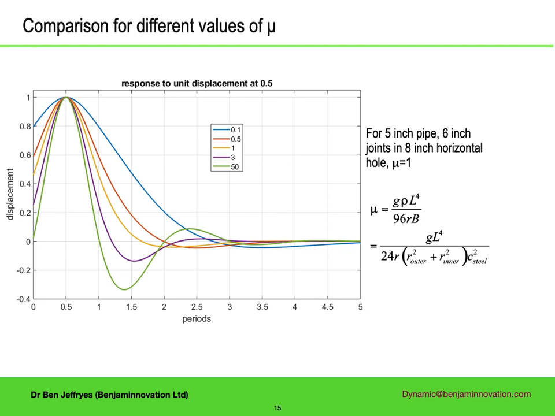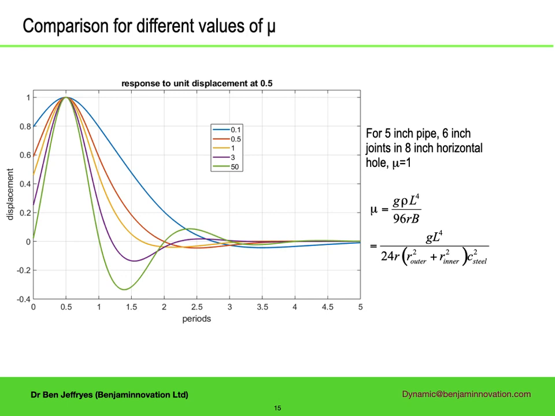Let's look at some plots for what's actually happening to the pipe for different values of mu. In this plot, each span is length 1. The touch points are at the integers, and the span has unit displacement at x equals 0.5. For very low mu, the blue line, the pipe has moved in the same direction as the displacement for the touch points at x equals 1 and 2, and only reverses direction by the third touch point.